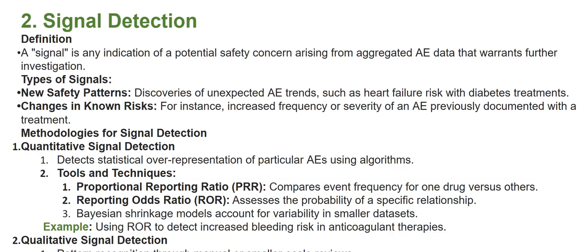Qualitative signal detection: pattern recognition through manual or smaller scale reviews, best suited for early signals in small phase 1 or 2 trials with fewer participants. Example: manual triaging of narrative case reports in a pilot cancer immunotherapy trial.